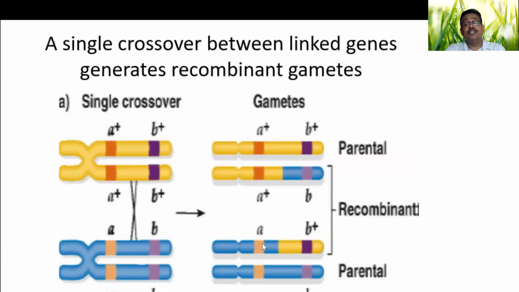When there is an exchange between non-sister chromatids, because of that, here A plus and B plus, here A and B. Because of the exchange, we get A plus and B, A and B plus. That means the blue segment goes to yellow and the yellow segment comes here. So there is an exchange of chromatids.